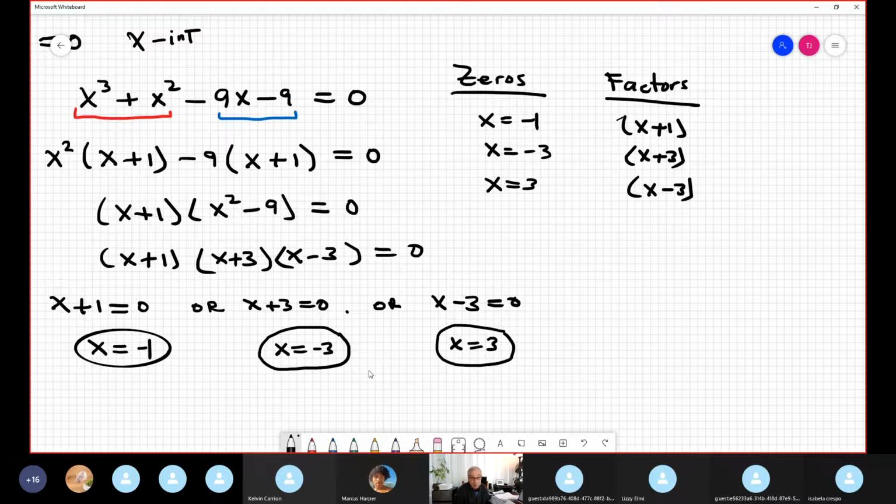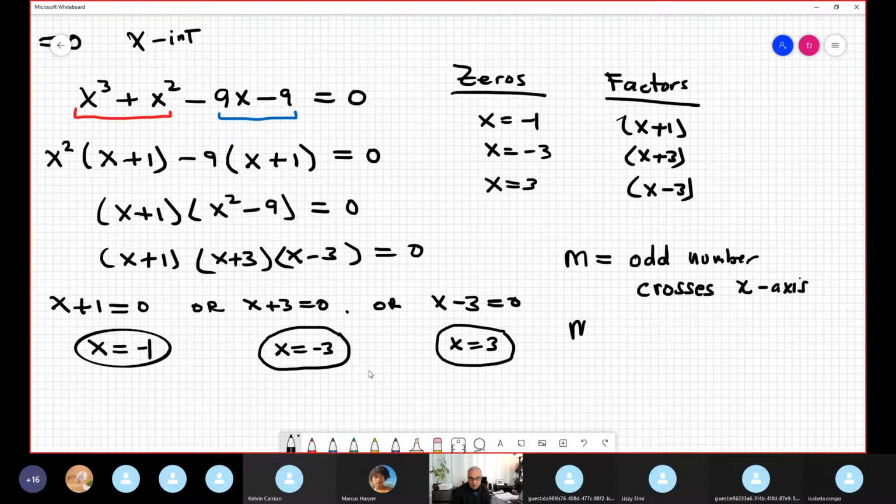And when the multiplicity m is an odd number, the graph crosses the x-axis. Let me try to give a rough idea.